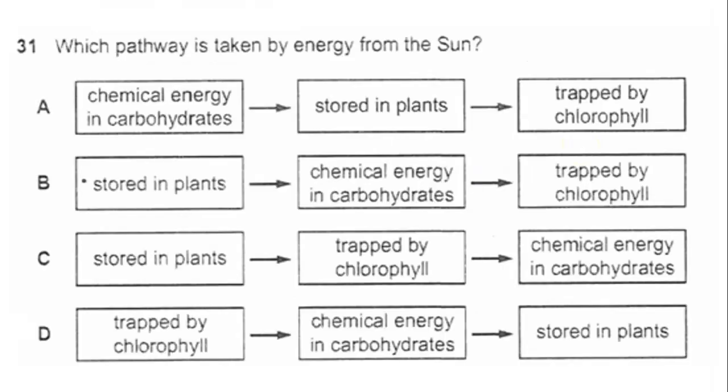Which pathway is taken by the energy from the sun? It's going to be C. First, the energy will be stored in plants and then trapped by the chlorophyll, and then it will be trapped as chemical energy in the carbohydrates.